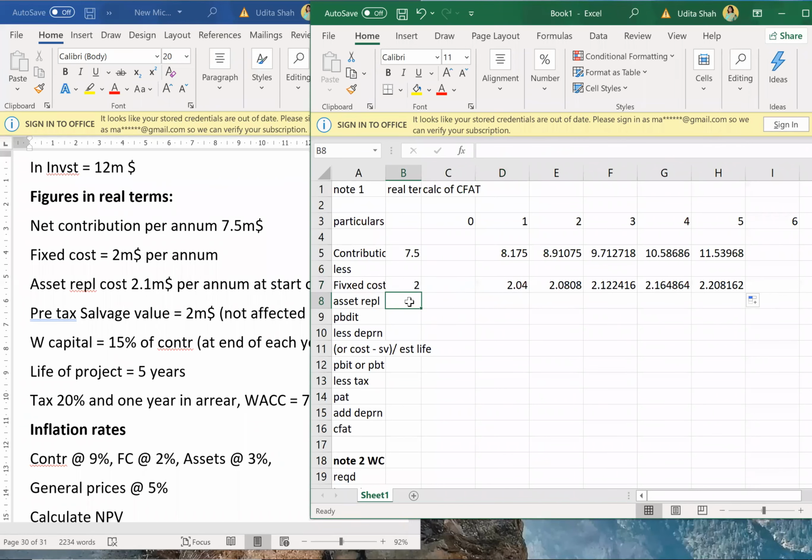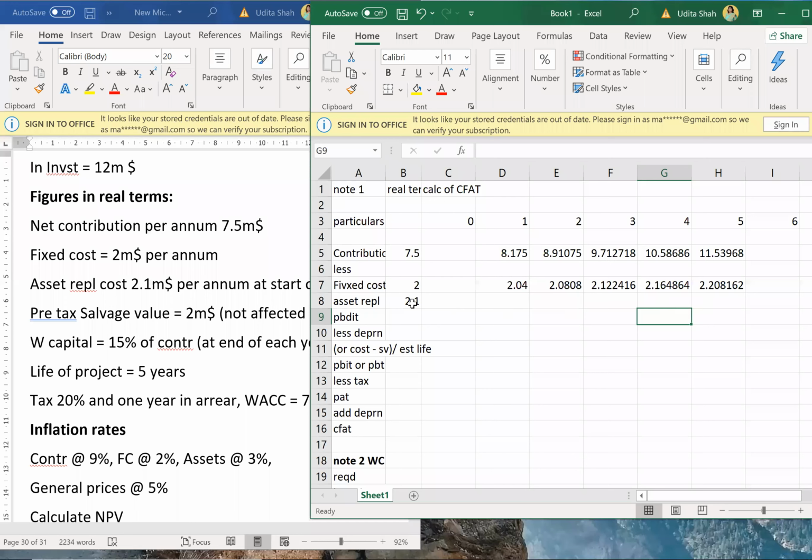Then asset replacement cost. Asset replacement cost is $2.1 million in real terms, but that is at the start of each year. Start of each year means what? Year 1's is in year 0, similarly year 5's is in year 4. So instead of year 1 to 5, we'll take year 0 to 4.